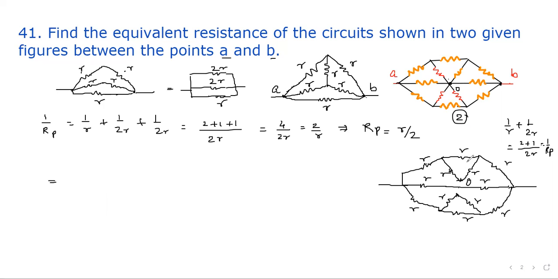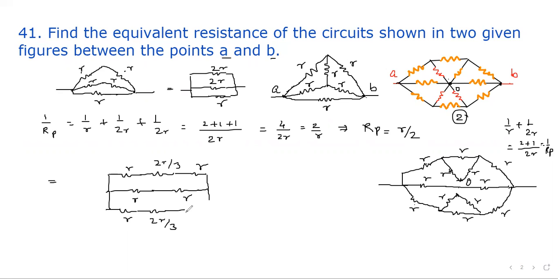So this is R in series with 2R by 3. So this is R, then 2R by 3, then this resistance is R. And here, in between, this is R, this is also R. And then this one, this is small r, then this becomes 2R by 3, and then this is R.